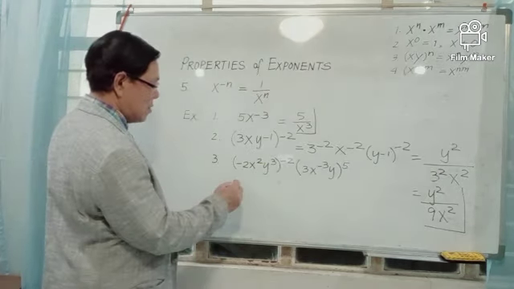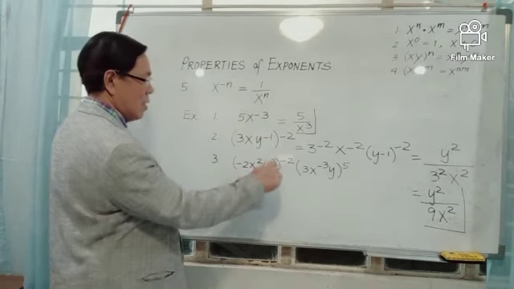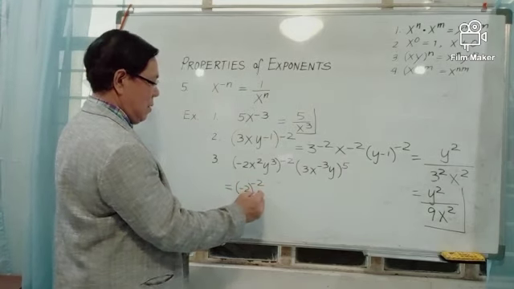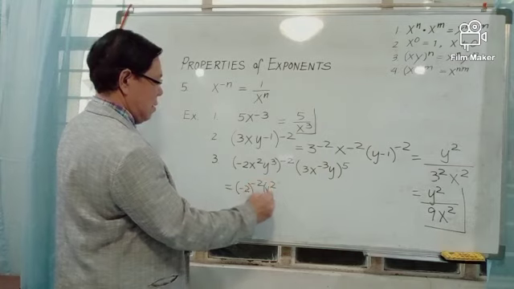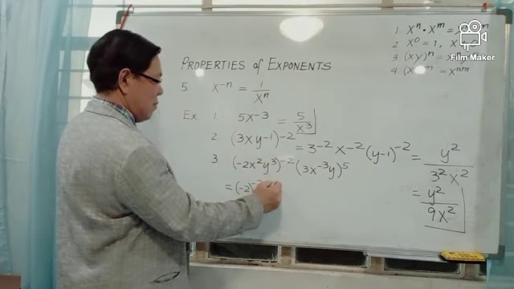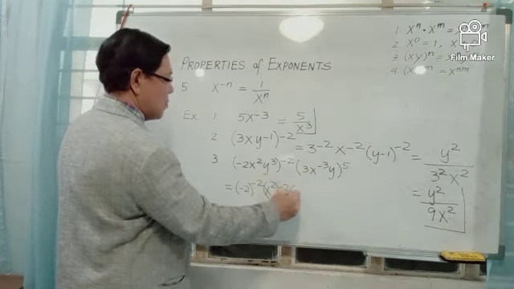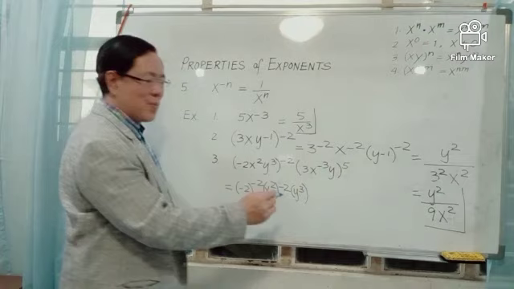We do that: negative 2 raised to negative 2, x squared raised to negative 2, and y cubed raised to negative 2.